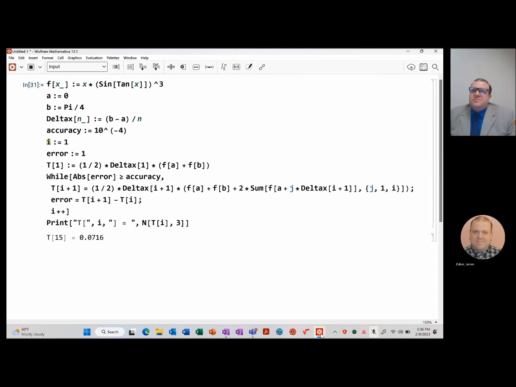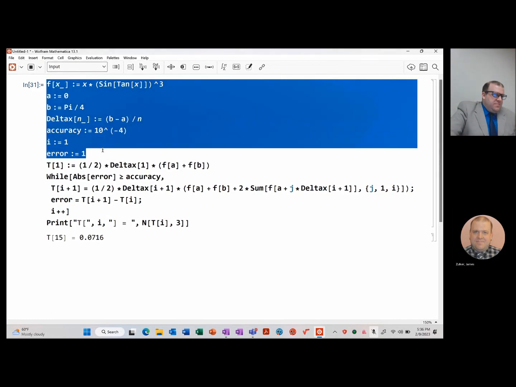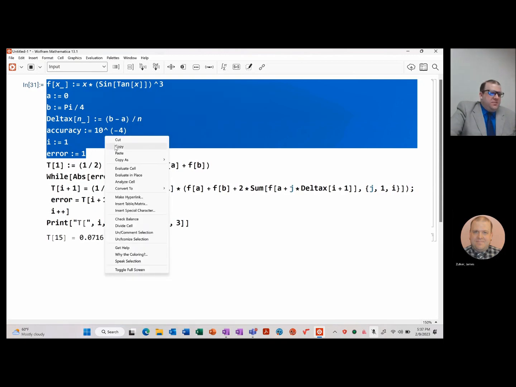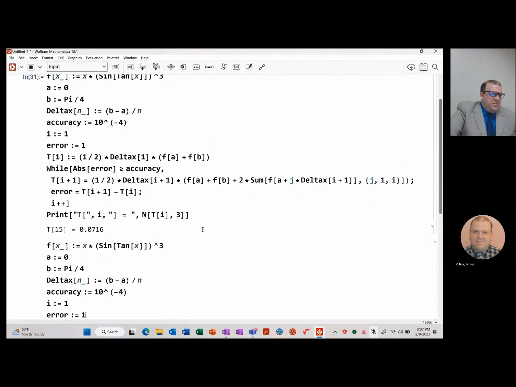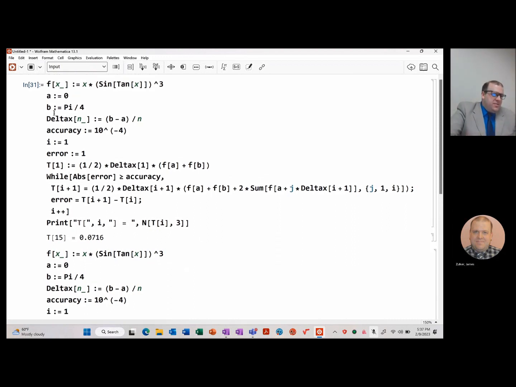Now midpoint rule. All of this is going to stay the same. So why not just copy and paste it? Now if you want to, what you can do is insert text, right?